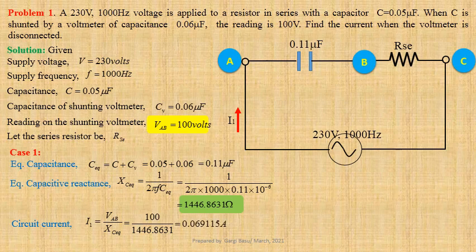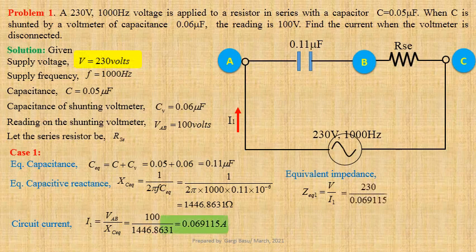0.069115 ampere. Now we shall calculate equivalent impedance. ZEQ1 equals V by I1. Using values we get 230 divided by 0.069115, that gives us 3327.7852 ohm.